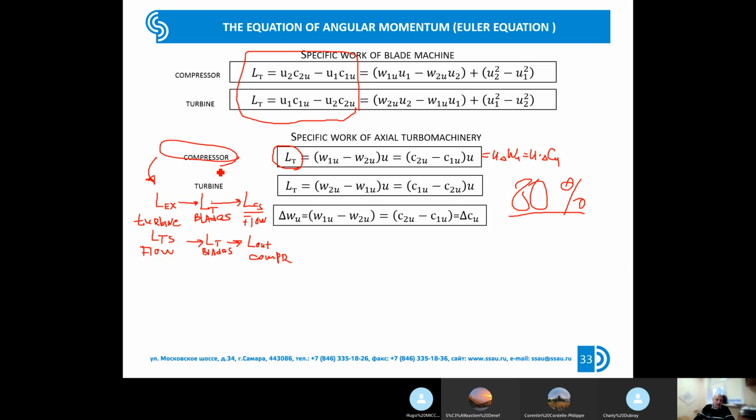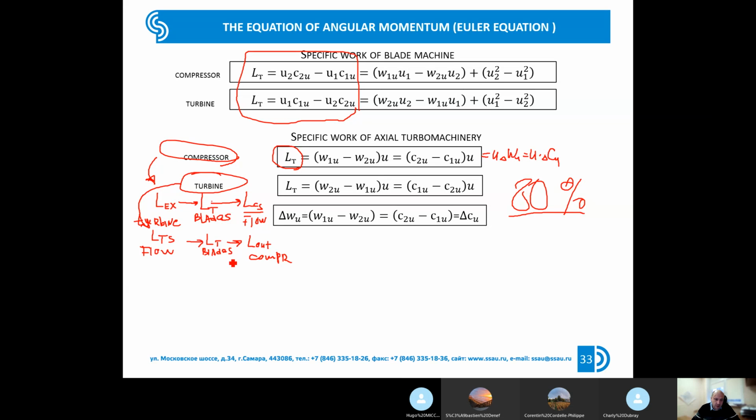These three works are not equal, because during each step we have some losses, and that's why these energies are not equal.